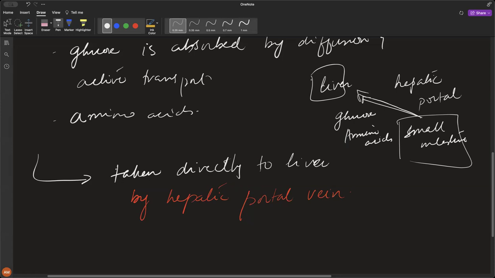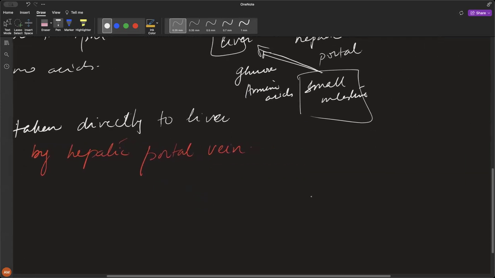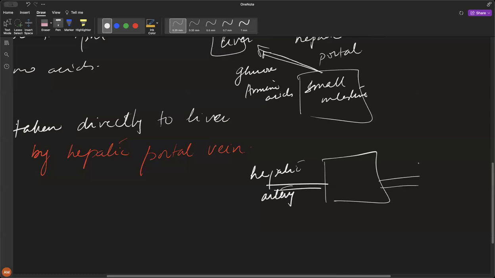All right. Liver has three vessels connected to it. There is the hepatic artery, there is the hepatic vein. This is carrying oxygenated blood, this is carrying deoxygenated blood.